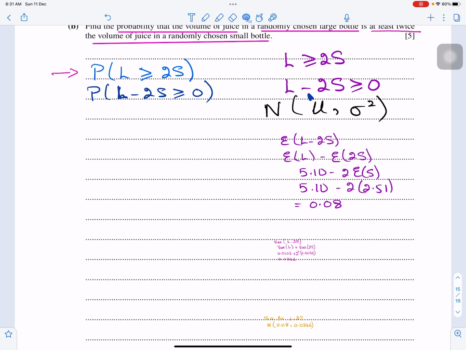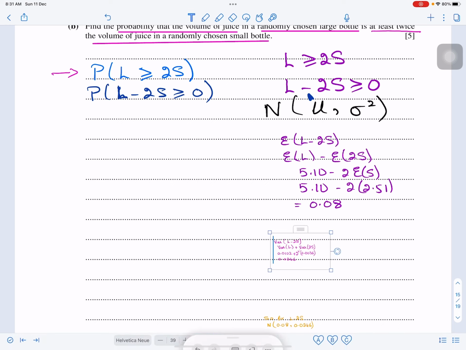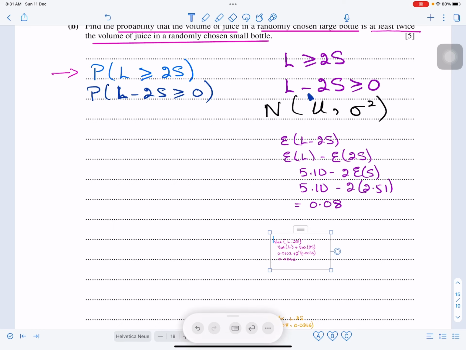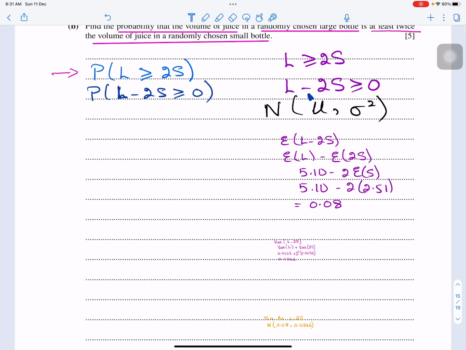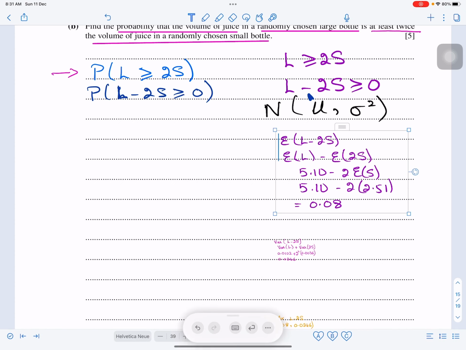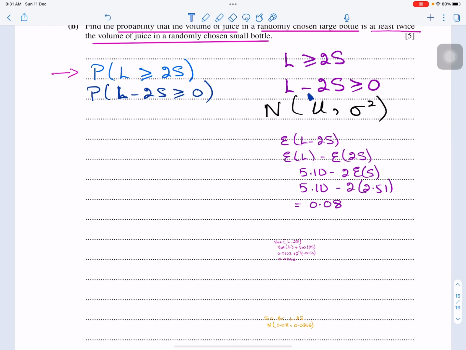So L minus 2S, if I find out its mean, then it will become the mean of L minus the mean of 2S.